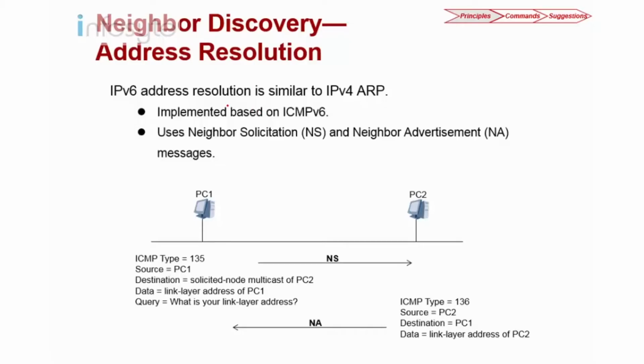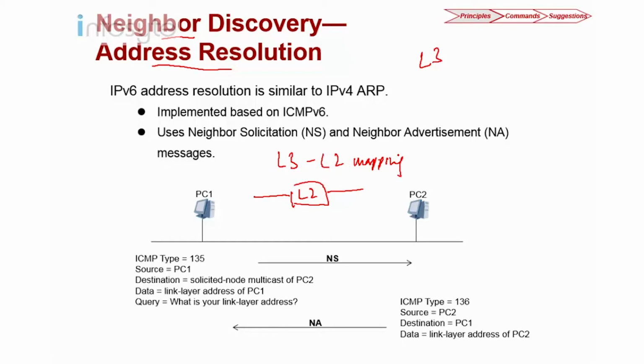Right, so now we look into the neighbor discovery address resolution. If you still remember, IPv6 is a layer 3 protocol, and it still needs to connect to the switch or a NIC card, where it connects to layer 2. So we need to have a layer 3 to layer 2 mapping.